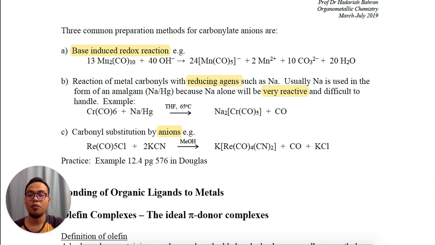So meaning your manganese has been oxidized. But the very question that we need to answer here: what would happen to your hydroxide? Has it been reduced in any way? So can you prove that? That's going to be another question for you to answer.